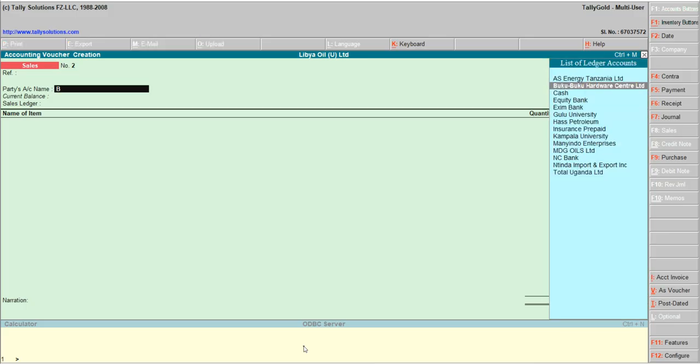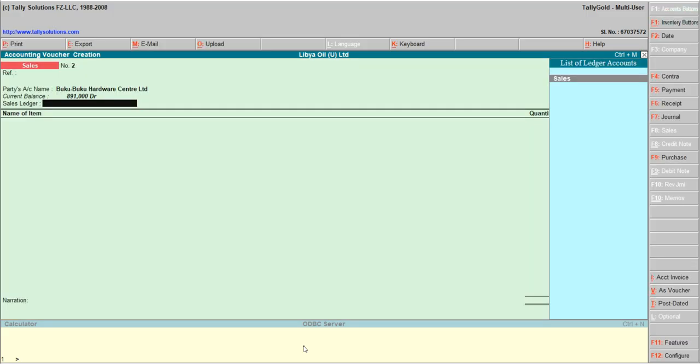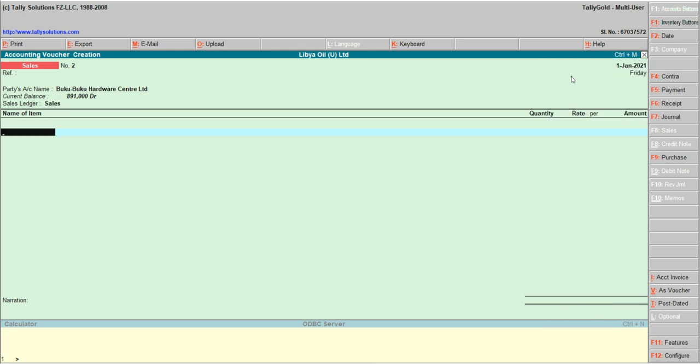Then they also sold to Buku Hardware, 50 kilograms of coolant. Party name Buku Hardware. Enter. We don't have the dispatch details or the order details, so just enter. There is a current balance of 891,000 on Buku. The sales ledger, that's the sales account.